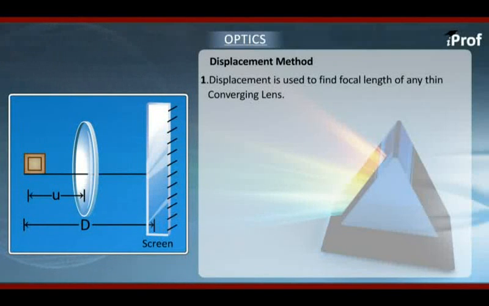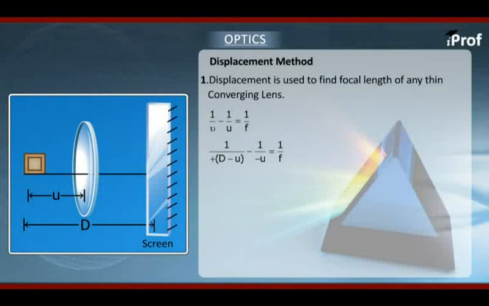Now using the lens equation, that is 1/v minus 1/u is equal to 1/f, we can rewrite this lens equation substituting appropriate values. We get 1/(+(D minus u)) minus 1/(minus u), and as we are talking about thin converging lens, focal length will be positive, so we will be writing equal to 1/(+f).